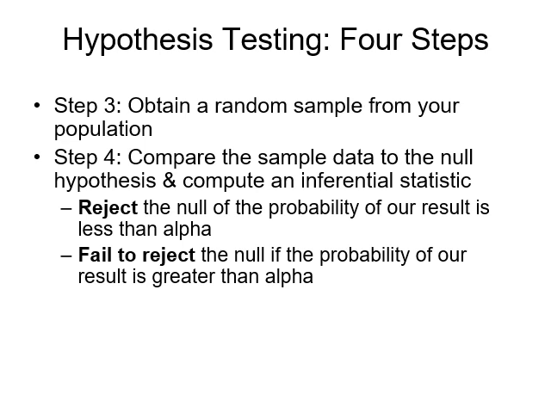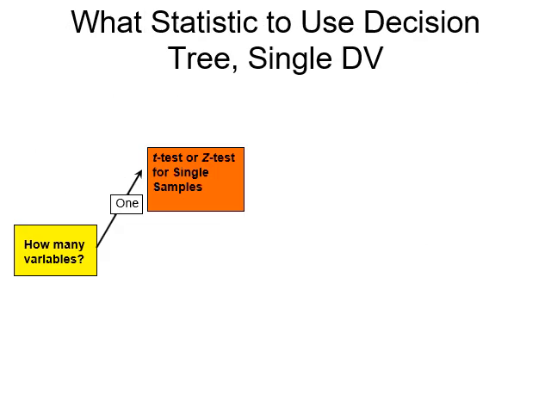So we reject the null if our probability is less than alpha. If we find that the chances of us finding an effect and that effect being due to chance is less than 5%, we reject the null hypothesis. We support our alternative hypothesis. We say we found statistically significant results. If we fail to reject the null, that means the probability of our results is greater than alpha.